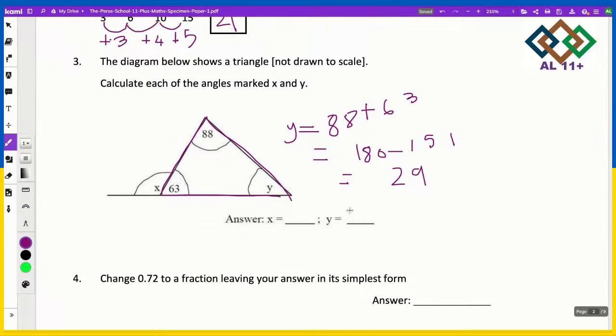So you know that y is 29, and they want you to find x. This is a straight angle, and a straight angle is also equal to 180 degrees.